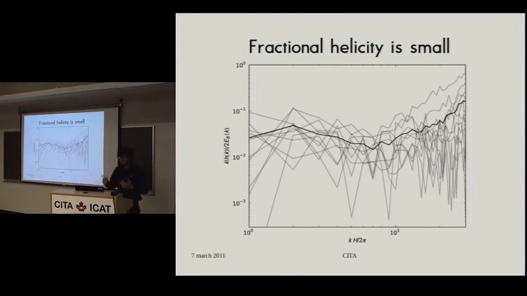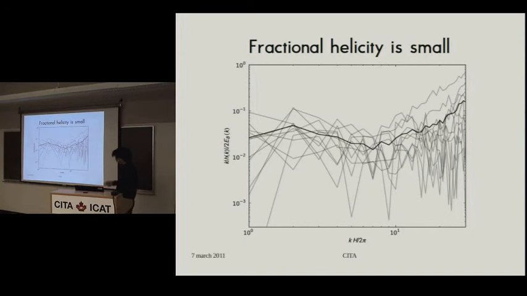And so you can measure the total amount of helicity as a fraction of that maximum to get a feel for how helical the field is. So one would be maximally helical, and zero would be not helical at all. This is the spectrum of the fractional helicity as a function of scale.